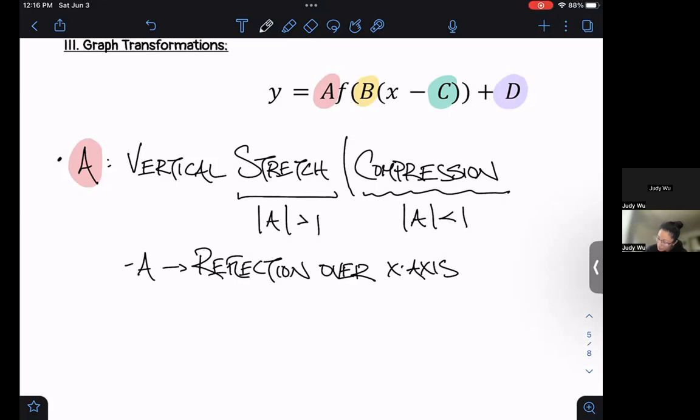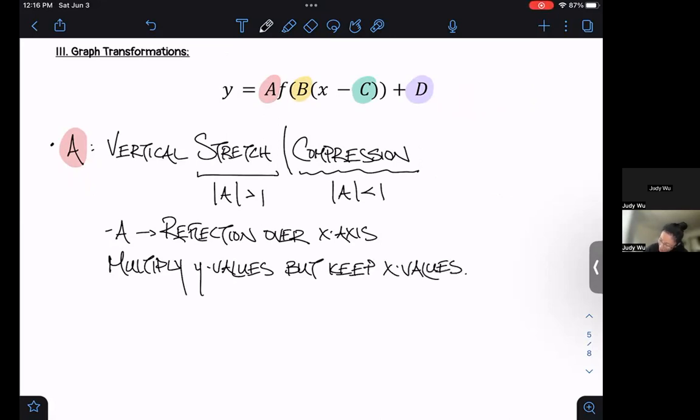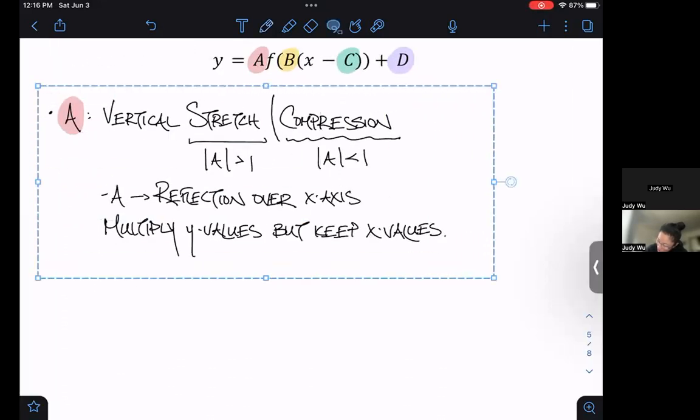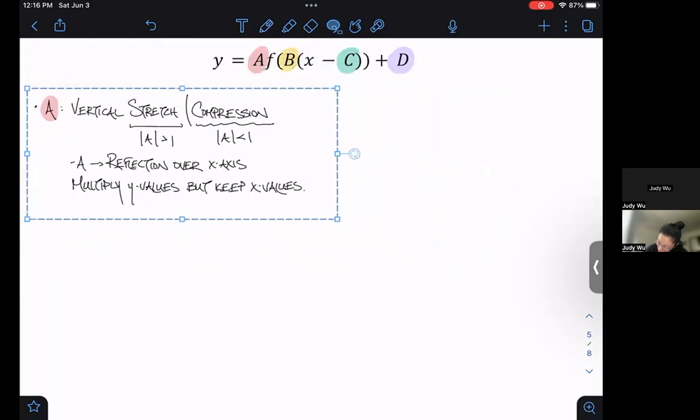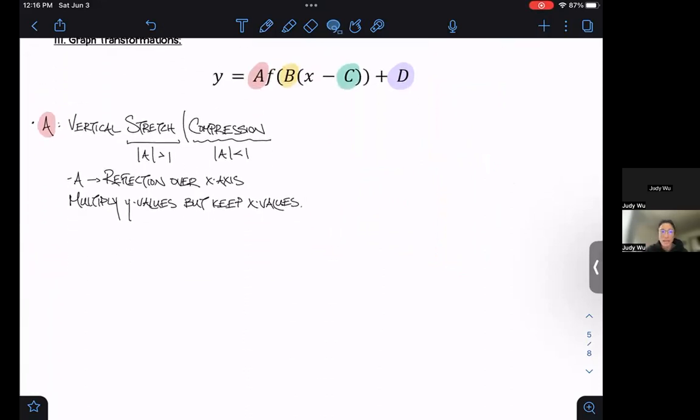And these ones we multiply y values, but keep x values. So we change the y values, but we do not change the x values. All right, so that is what we do for A.